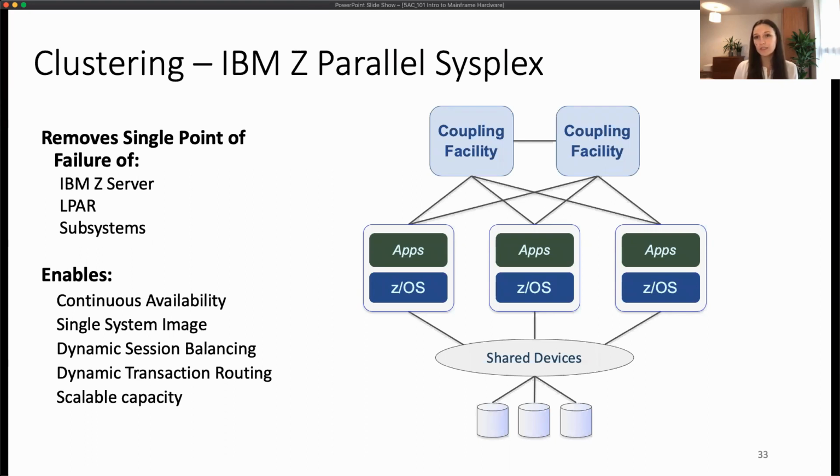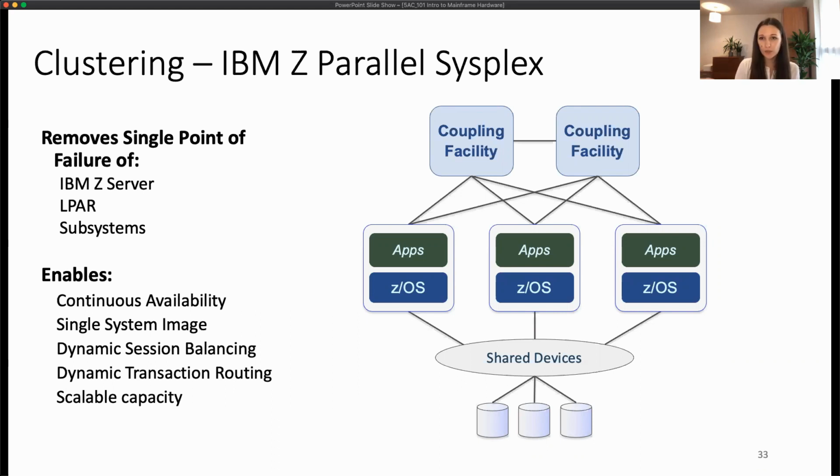And the coupling facility is basically a special type of LPAR that you bring up, and you would usually have some backups of that coupling facility LPAR on other mainframes as well. And this coupling facility then handles all the complexities and the overhead of those systems working together.